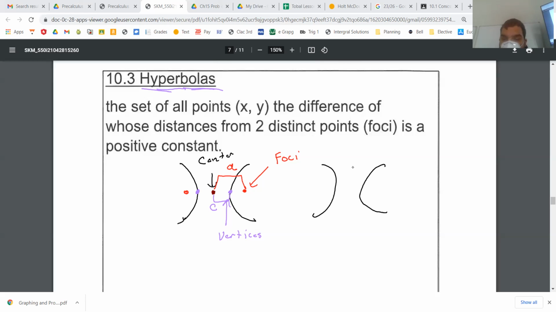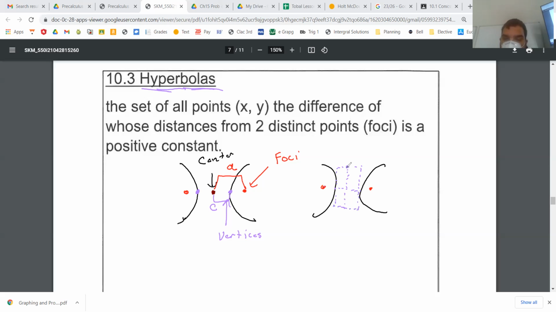So I said the distance from the foci is A, but you have what we'll call the minor axis, which is over here. I'll just make a dotted line. And you have your major axis, or your vertices, like here. If you were to make this a box, again, this is just a side fact.